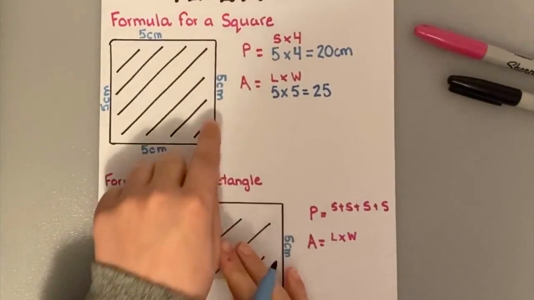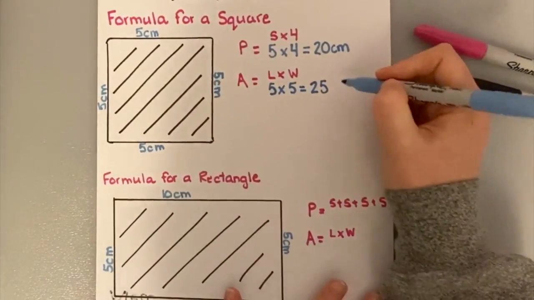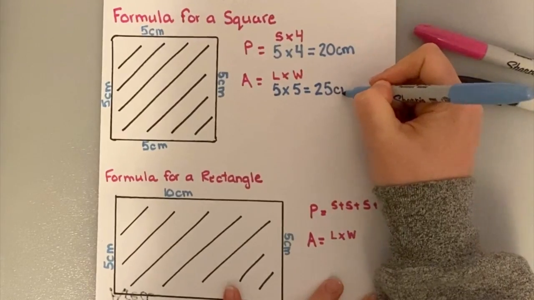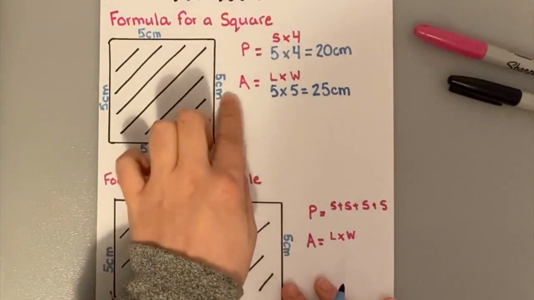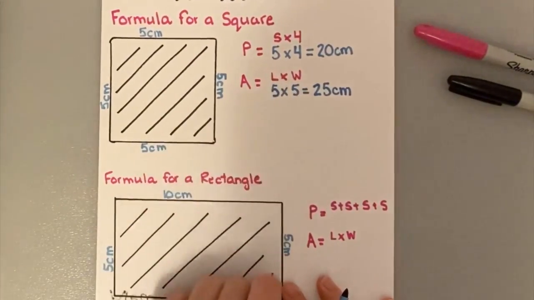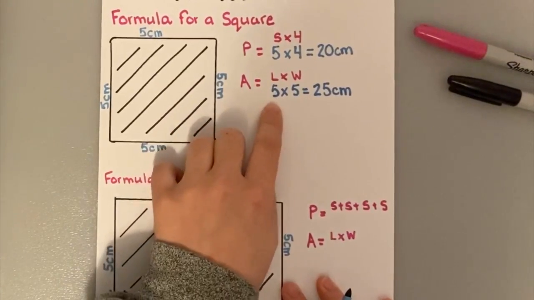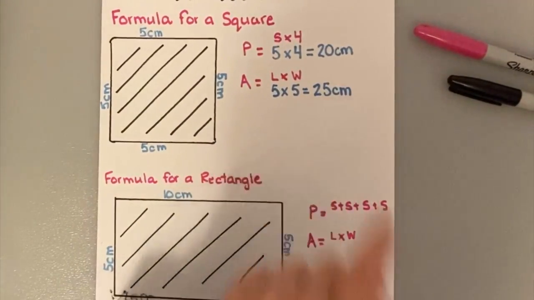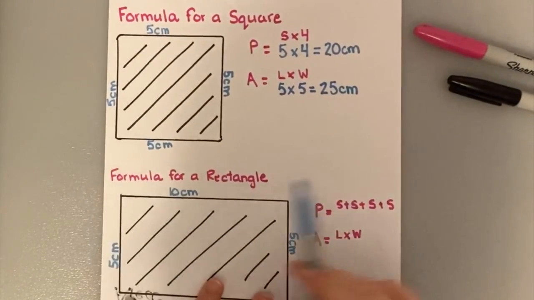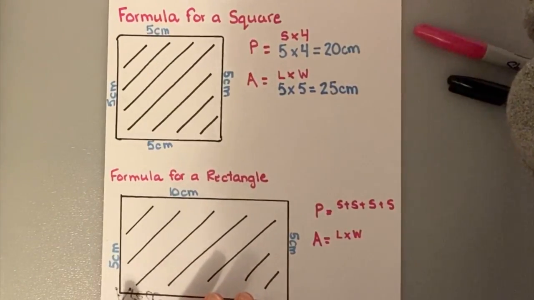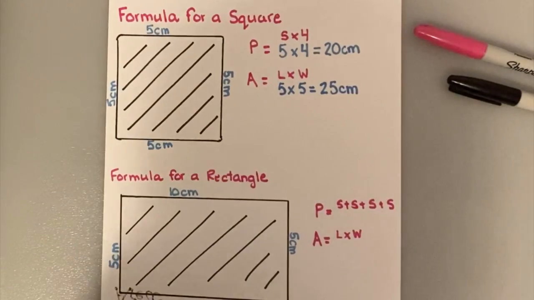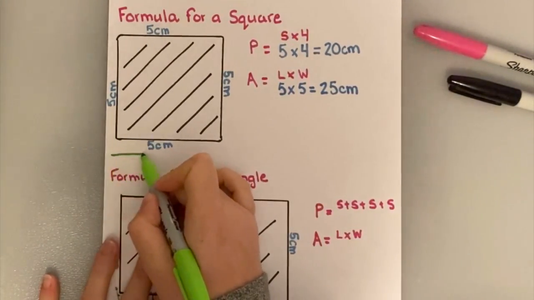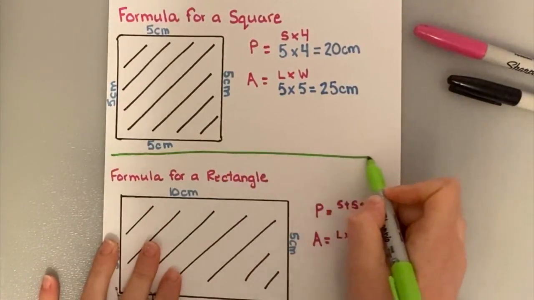And I need to make sure that I put in my unit of measurement, which in this case is centimeters. So area equals length times width, area equals 5 times 5, which equals 25 centimeters. So that's how I figure out the formulas for a square, perimeter and area.